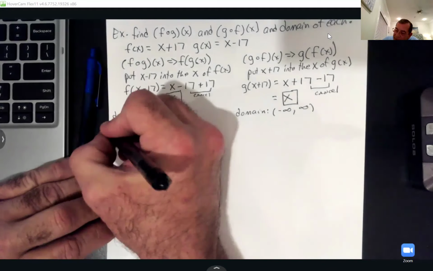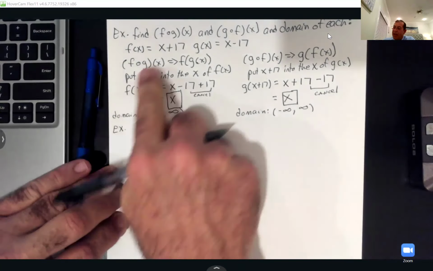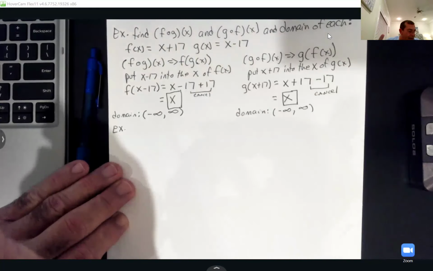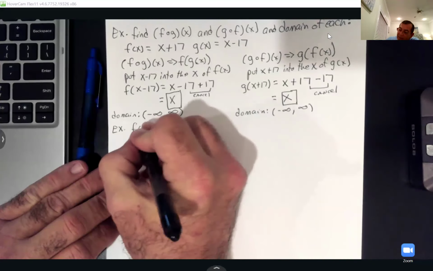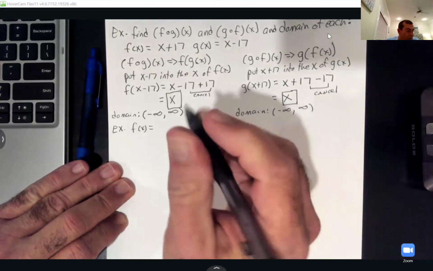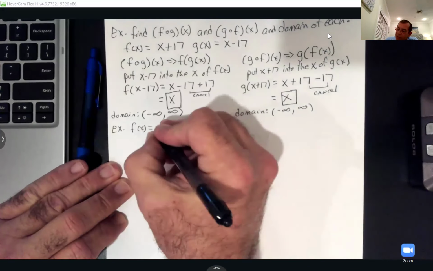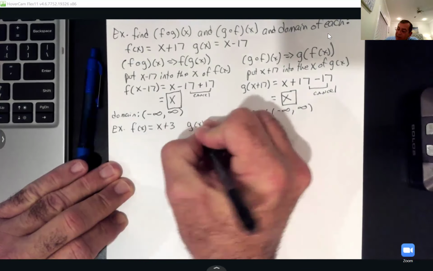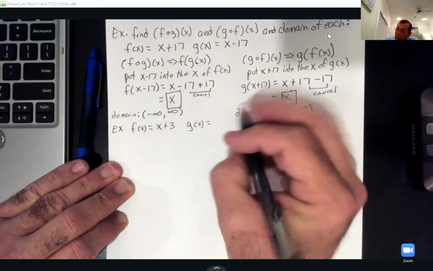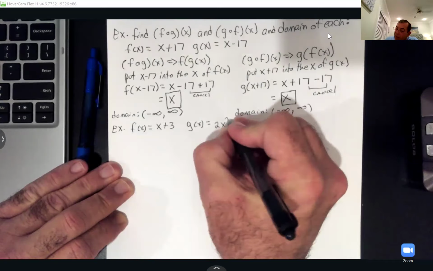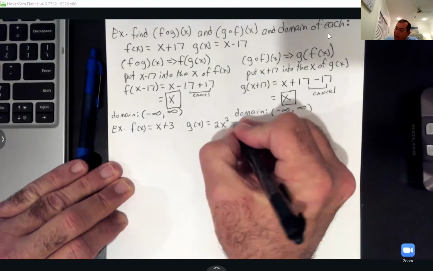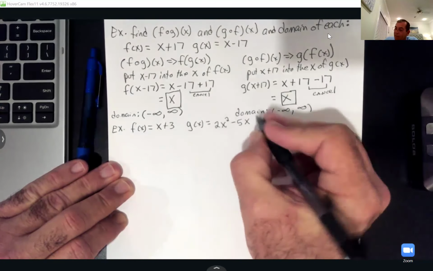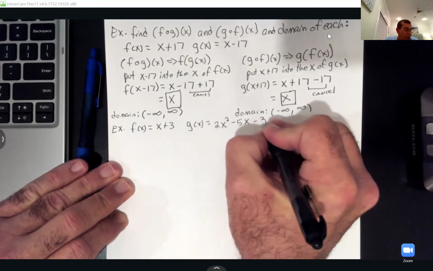All right, let's see. We're doing the same thing here, but this time they're giving us f of x equals x plus 3, and g of x equals 2x squared minus 5x minus 3.